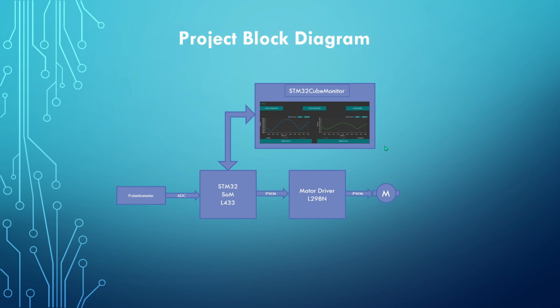So I'm gonna show you now basically how I configured the system on module to read the ADC values, or the voltage values coming from the potentiometer, and convert that to a PWM signal to control the motor. All right, so let's get started.